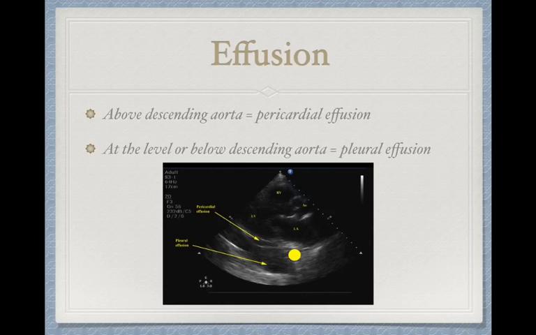So anything that is above the descending aorta is going to be pericardial effusion, or if it crosses midline across the descending aorta. And then anything at the level or below the descending aorta is going to be pleural effusion. And because we're pointed to the left at this point, or towards the right, I'm sorry, this is going to be a left pleural effusion.